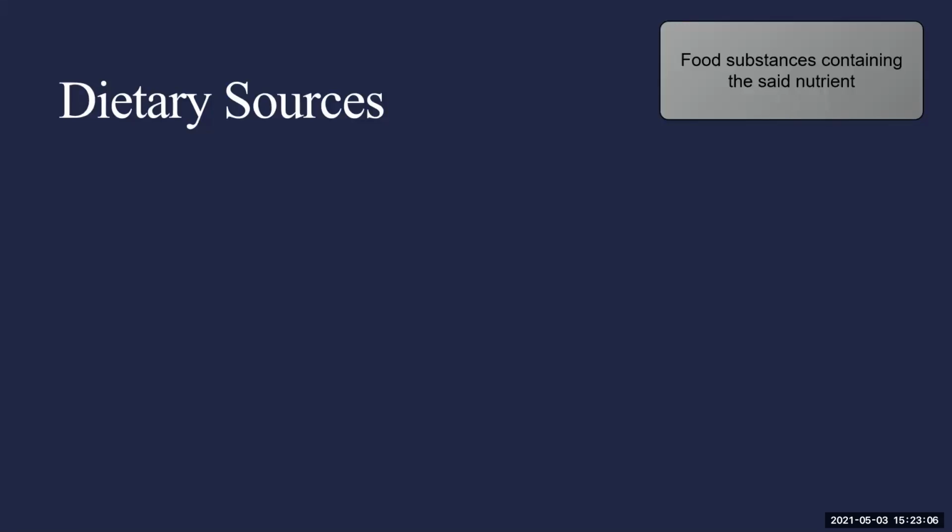Please understand these 4 categories. Best sources means the foods that contain the highest concentration. For example, for calcium, milk is the best source, because out of all foods, the highest concentration of calcium we can find is in milk. Similarly, a good source means the ones which contain a good amount of calcium concentration.